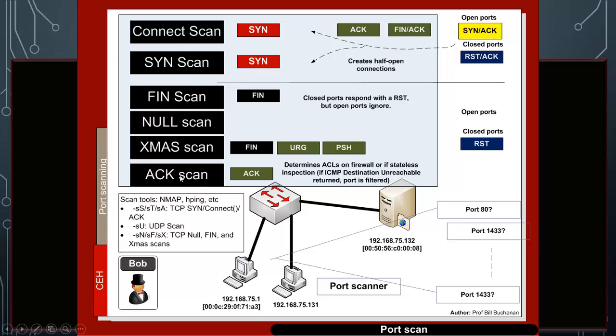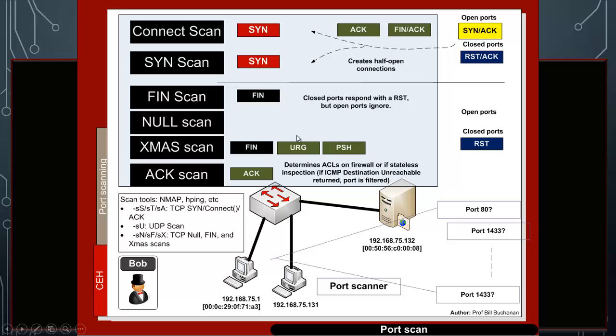Okay, so the full range of scans that we have, we have a connect and a SYN. Our connect is -sT, SYN is -sS. And then we have a whole lot of other ones: FIN, null, Christmas tree scan, and acknowledge. With a FIN, we send FINs onto the server.